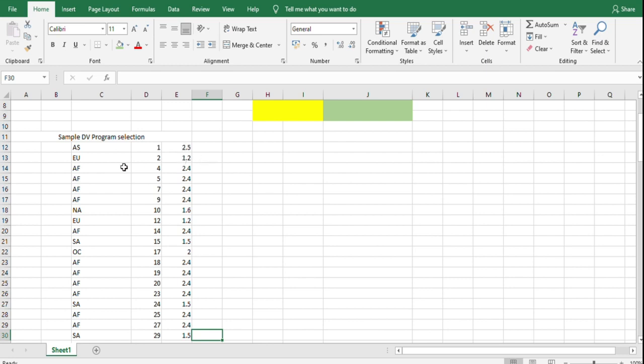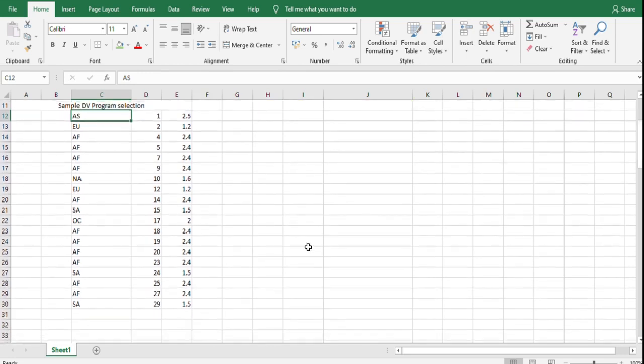For example, for the Asia region, AS, how many entries do we have? We just have 1 selectee in our case. So it will be 1 times 2.5, which is 2.5. Let's put it here.